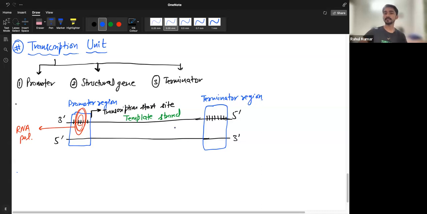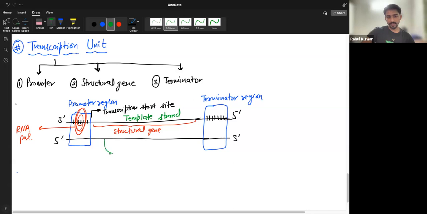And this is where transcription stops. And everything in between is called the structural gene. So this is the gene which we are transcribing. That's why we are doing all this.